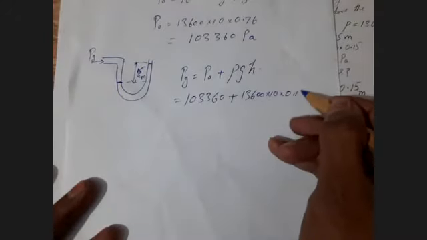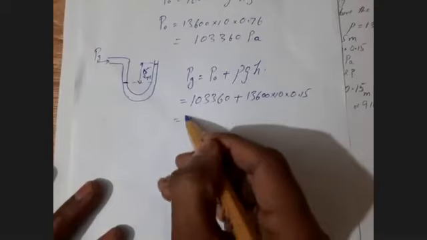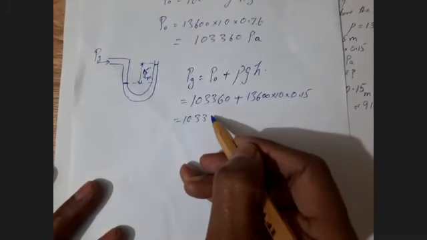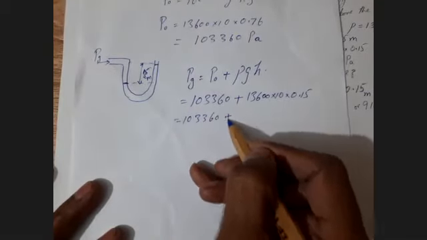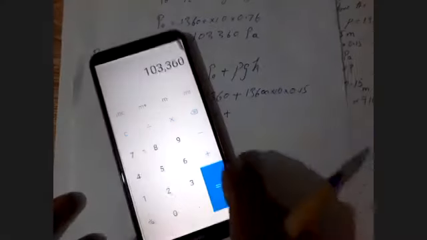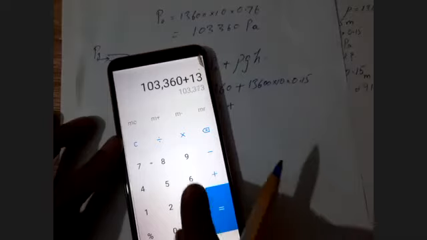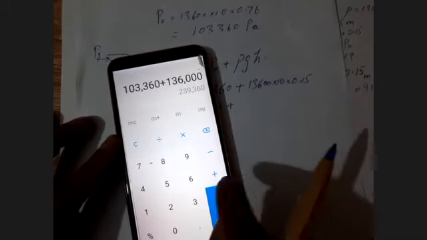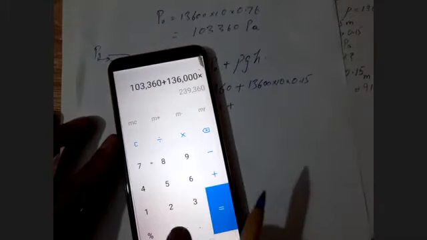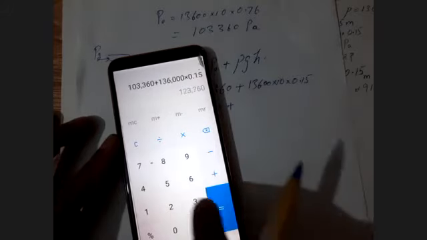This 15 centimeter, which is 0.15 meter. So 103360 plus 13600 multiply 0.15.